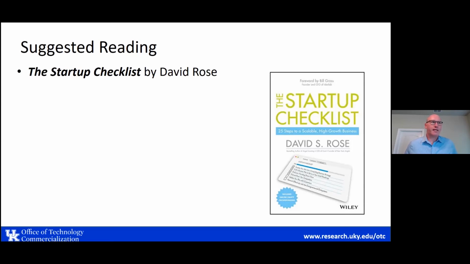So just as an example, this past year, our team worked with the Bluegrass Angels, Kentucky Enterprise Fund, and Commonwealth Seed Capital to run a program called KY 270, which was a pre-seed investment program. And so 6 companies in Kentucky received investments under the KY 270 program, including one UK technology.